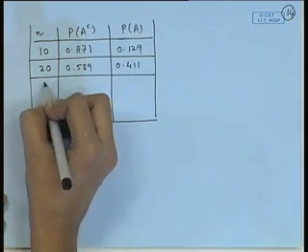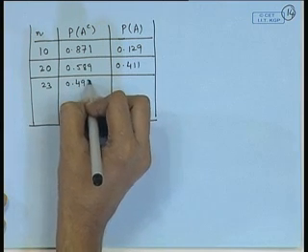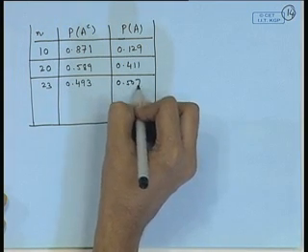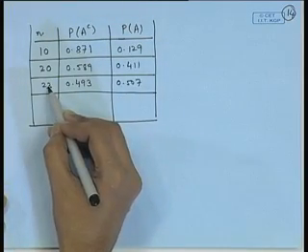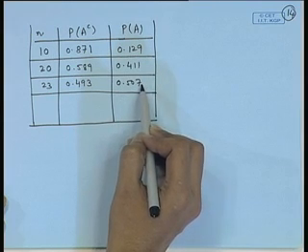If we take n to be 23, then the probability of A complement is 0.493 and the probability of A becomes 0.507. That means with as few as only 23 persons, the probability that at least two share a common birthday is more than 50%.